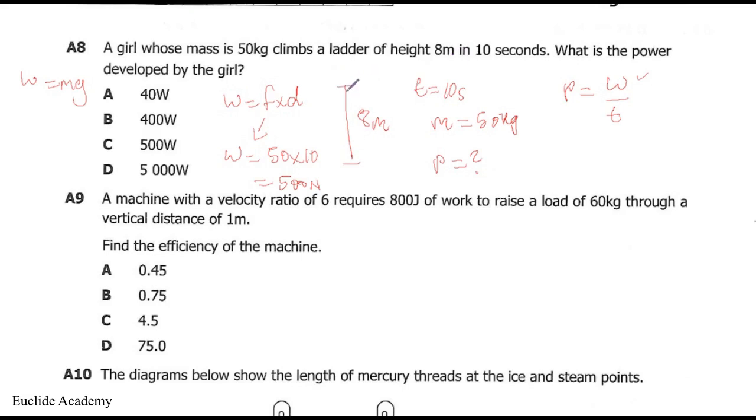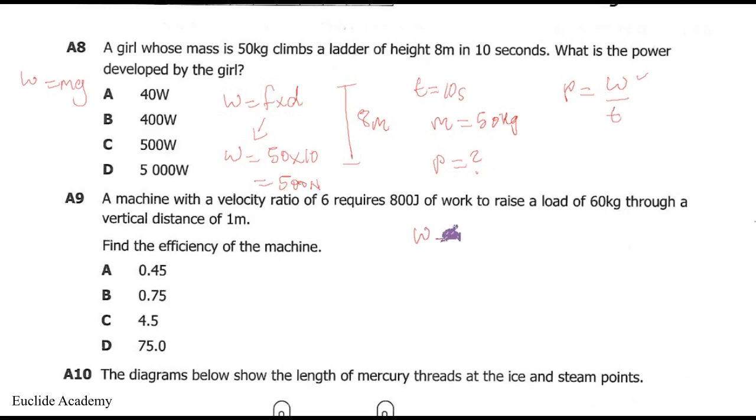So what is the work done here? Remember, we said work is equal to force times distance. So the force is the 500 newtons times the 8 meters. Allow me to put it somewhere on this part because I'm running out of space.